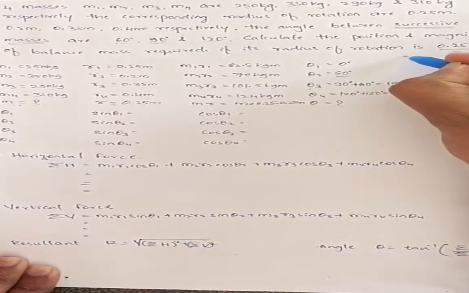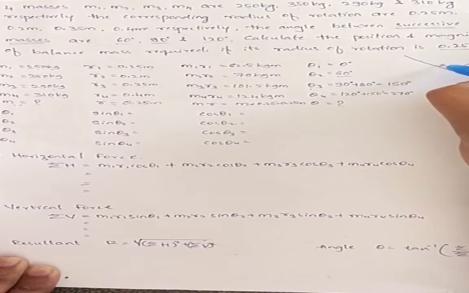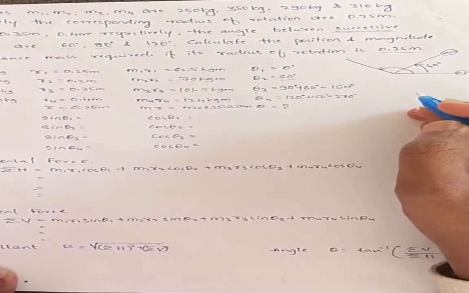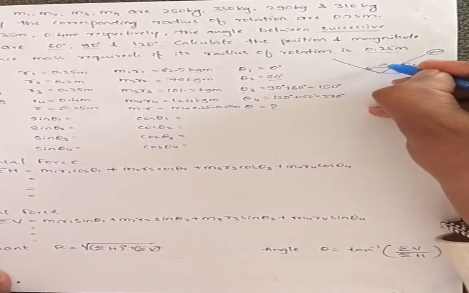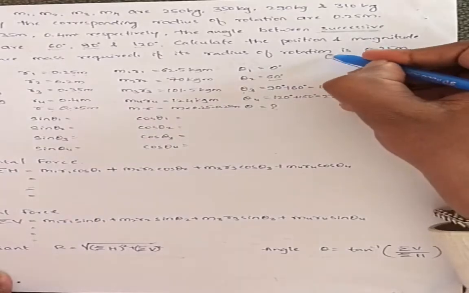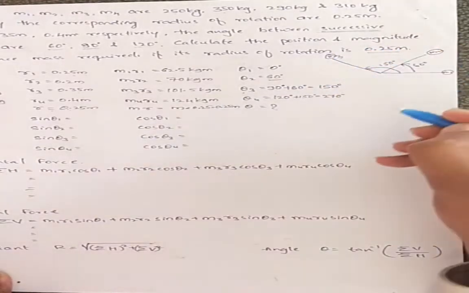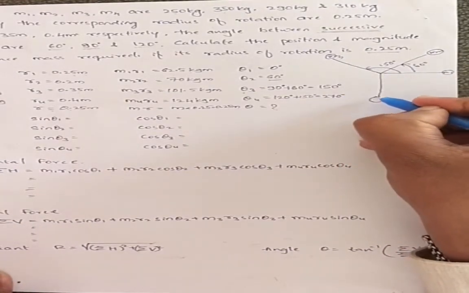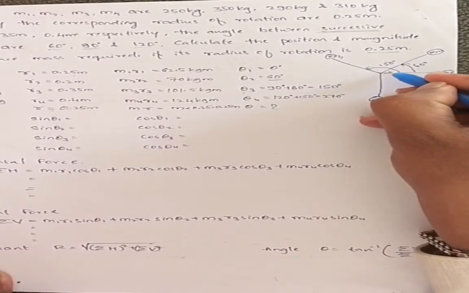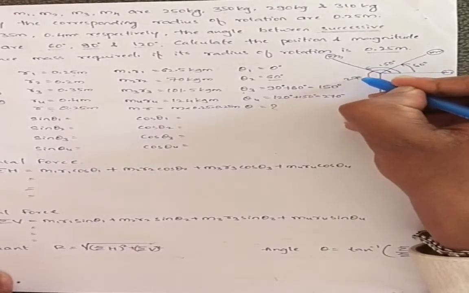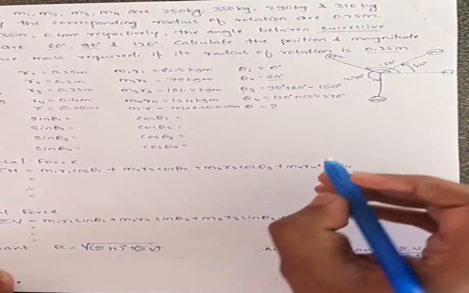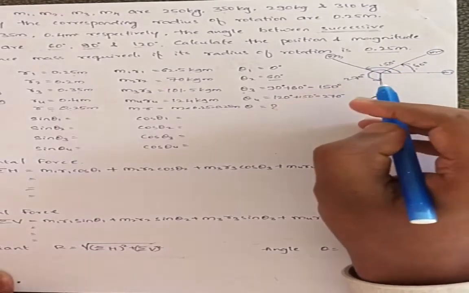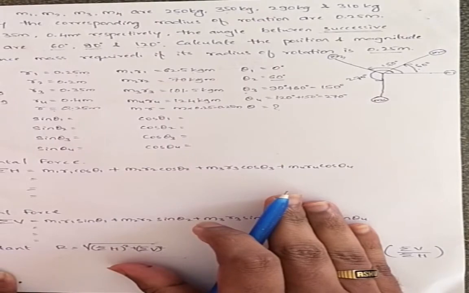And the last one, m4, is 270 degree. This is theta 4. So theta 1 is 0, theta 2 is 60, theta 3 is 150, theta 4 is 270 degree. These are the four masses which are rotating.